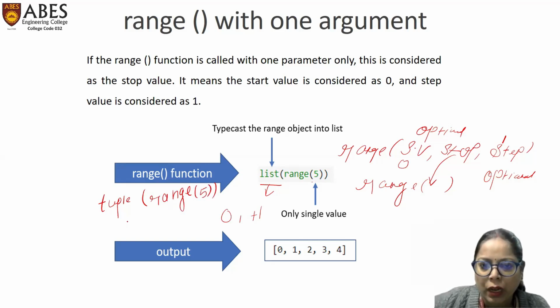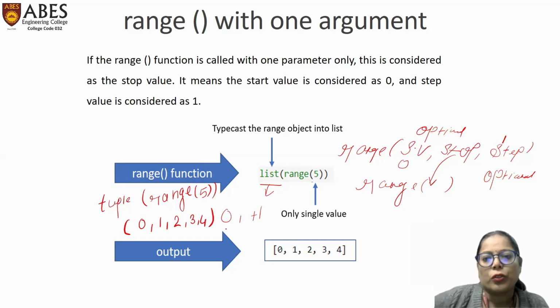Same thing, but the output would now be in tuple form, like this. So here you can see that when we typecast the range into a list, the output is in the form of a list, and when we typecast the range into a tuple, the output is in the form of a tuple.